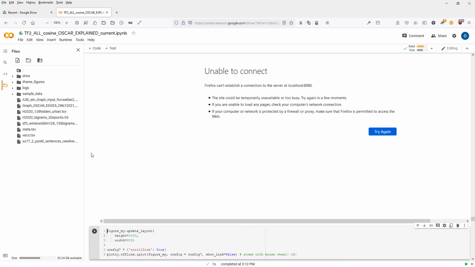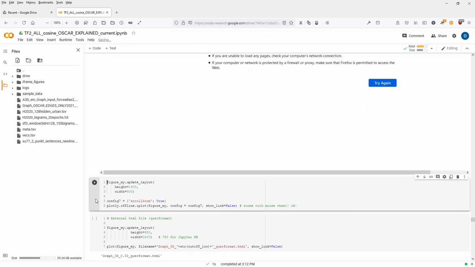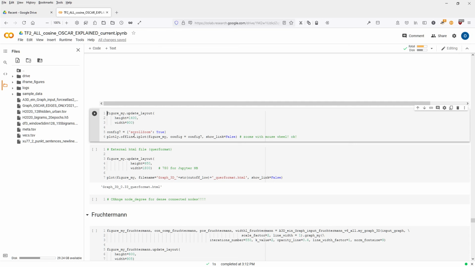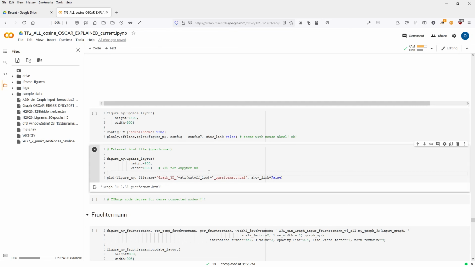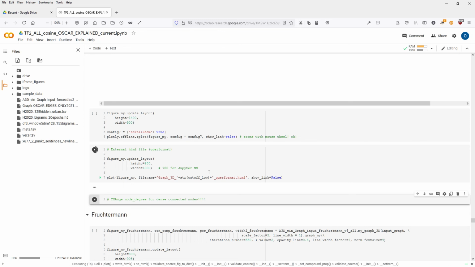Unable to connect. Of course, this is not possible. So hold on a second here. Can I do this and show you? Yes, graph 3D, graph 3D.